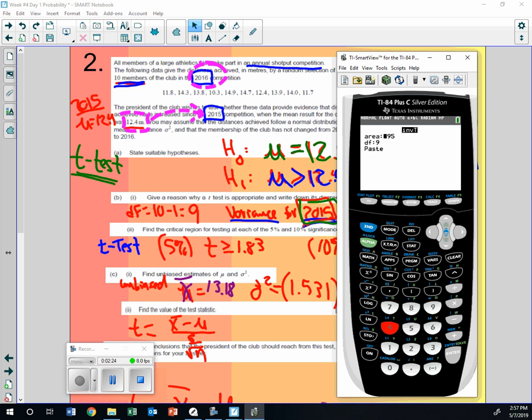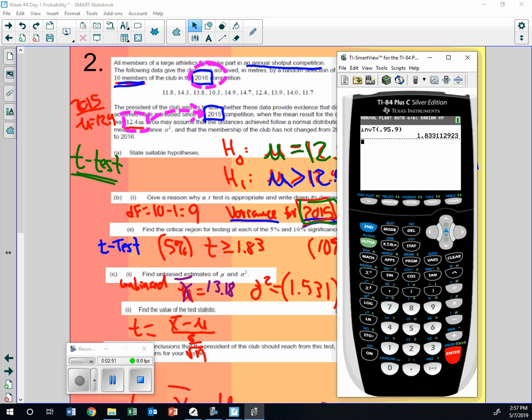That means at 95%, 0.95, with degrees of freedom of 9, you should be able to find out what that t-value is. So anything greater than 95% means t will be greater than 1.83.